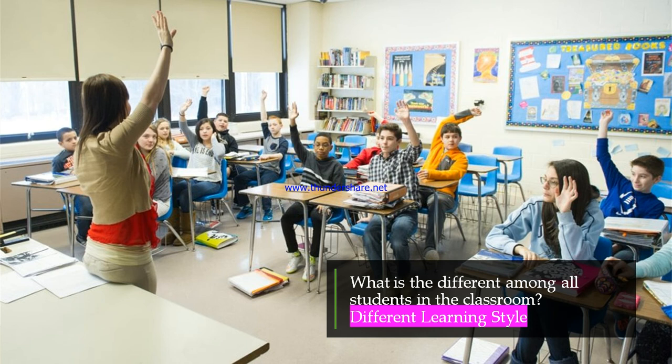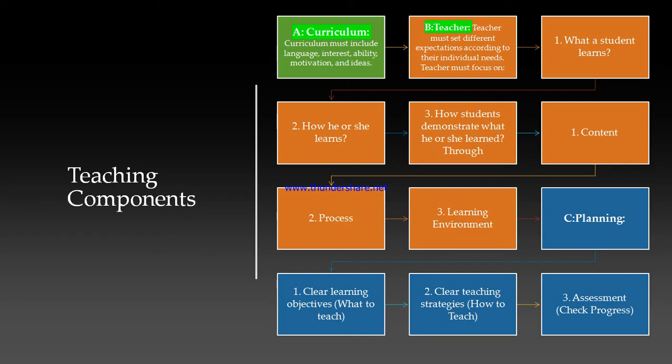You should be aware of what his expectations are and what teaching strategies you should apply, and it should be embedded in the document and in the curriculum. Clear teaching strategies means how you are going to teach. As I mentioned, there should be different strategies, but goals must be the same.